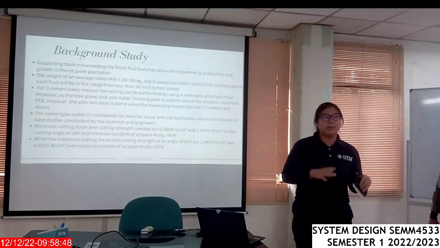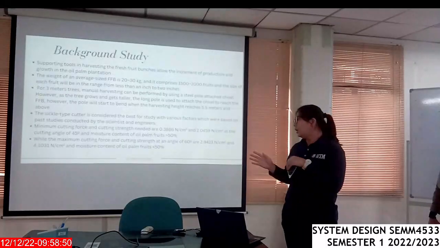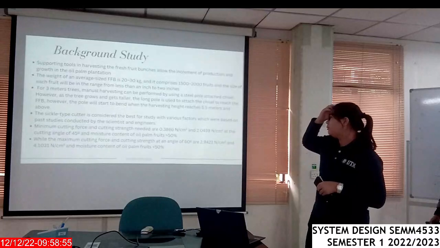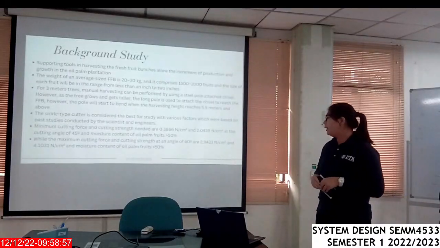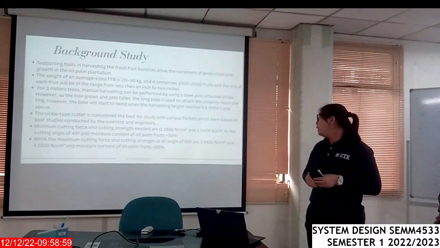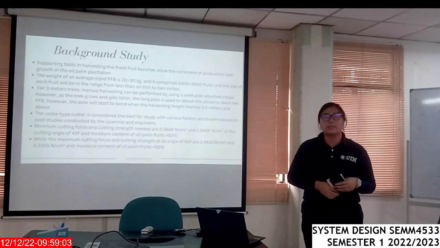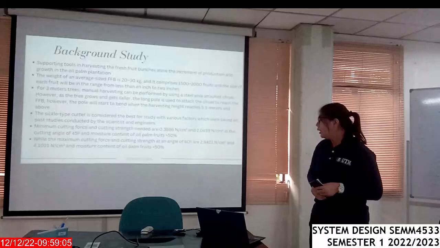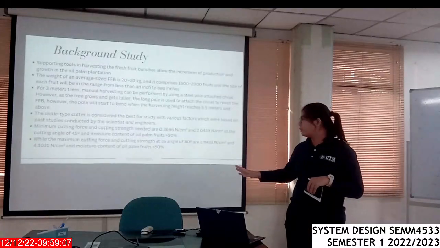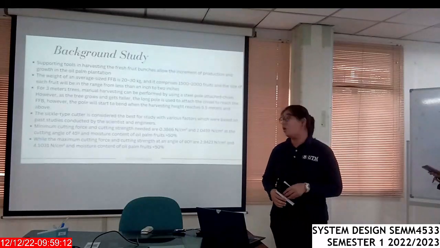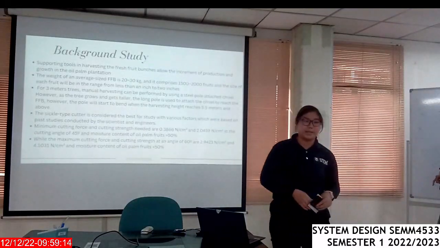However, the minimum cutting force is for the ripe fruit, and we found that the maximum cutting force and cutting strength at the angle of 60 degrees are about 3 Newton per centimeter square and 4.1 Newton per centimeter square. This maximum cutting force and strength is applicable for fruit with moisture content of less than 50%.